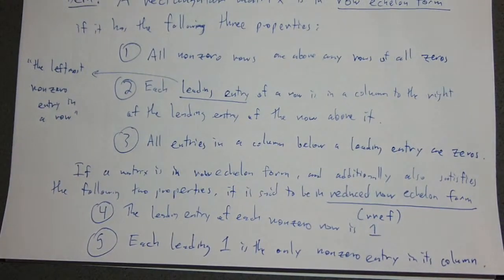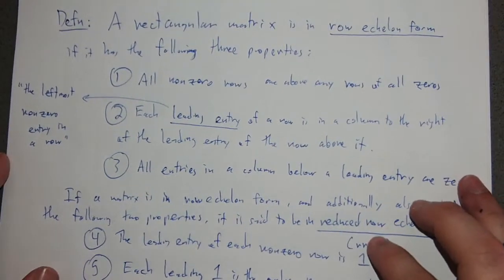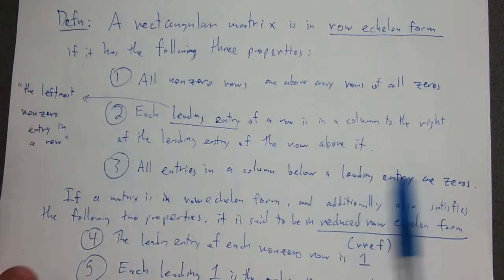Okay. So the question is, first of all, what is the point of doing all of this? What's the point of having all of these restrictions, all these requirements? Note, the first three requirements don't require any entries to be anything, right?